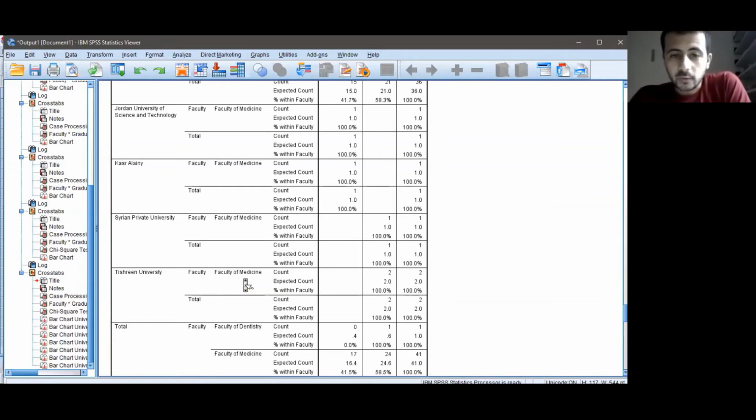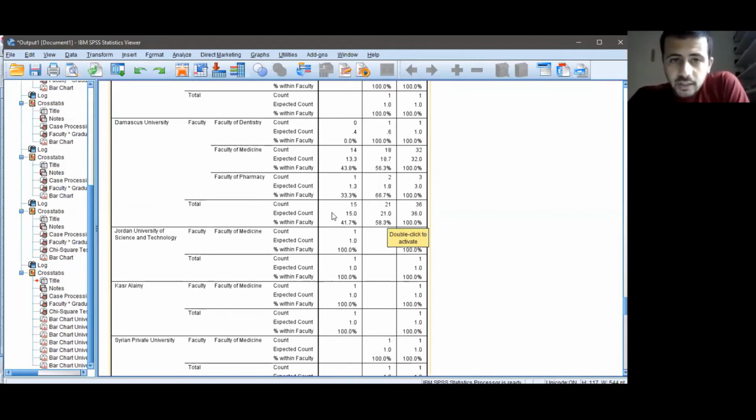Okay, now I don't have any doubt that for Shin University, all of them are graduates. Actually, for the Syrian private university, all of them are graduates. Okay, but actually, I think the differences are in Damascus University. I have the three faculties, and the percentages from the first one is 0 and 100.